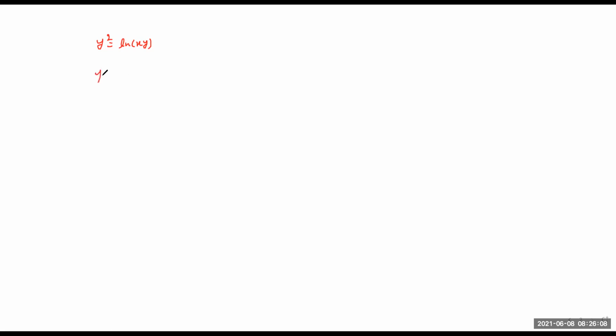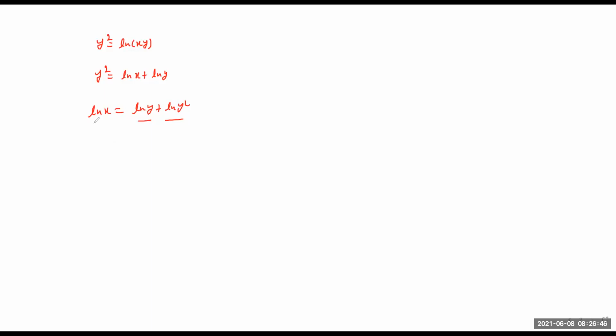So let's see, we can write this as ln x plus ln y. So I can bring all x on one side and all y on the other side. But here we can see that we cannot write y equals f of x. So we have y at two places, right? So of course it's an implicit function, and how do we differentiate it? You will differentiate both sides with respect to x. So do it and tell me the answer of dy by dx.